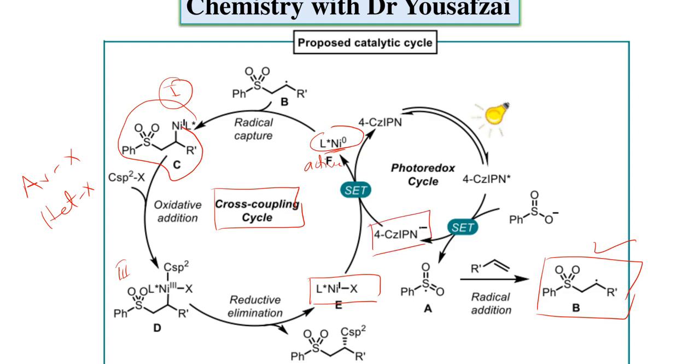When this photocatalyst transfers one electron to this species via single electron transfer, this nickel will go to nickel 0. So this is all about the proposed catalytic cycle of this type of sulfonylation reaction.